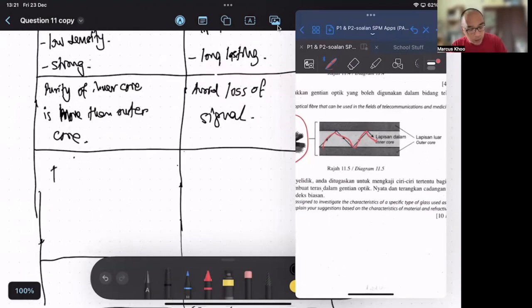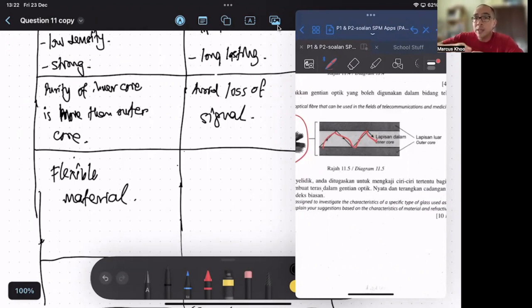Another one is flexible material. Remember that fiber optics is not just used in telecommunication, like high-speed internet, but also in endoscopy. You put the camera inside the body without cutting it open. So you need the material to be flexible. If it is so strong and so hard, it's very hard to push inside somebody's body.